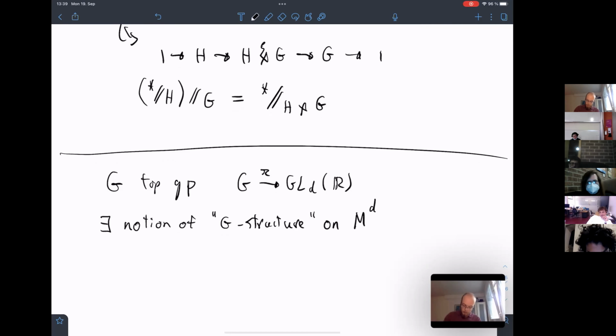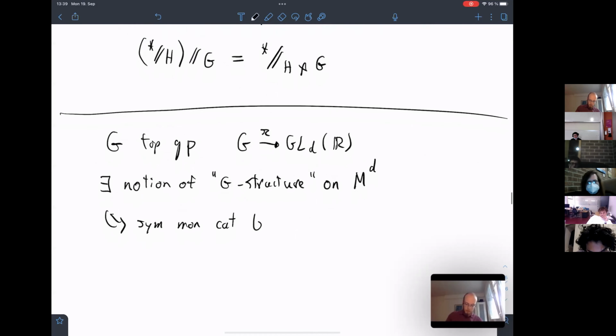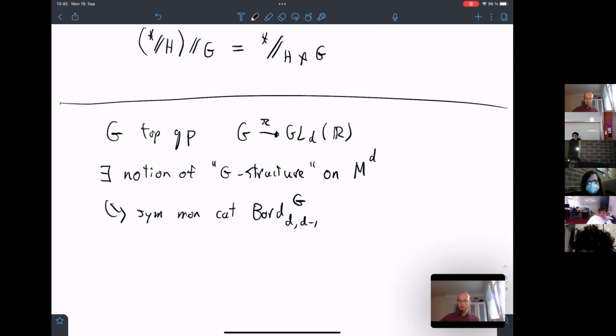And then I'm going to just skip a million steps and tell you that from this, you can construct a symmetric monoidal category, which I call Bord_{d-1}^G, in which objects are roughly manifolds with such G-structures, and morphisms are bordisms between them, which are manifolds with boundaries.